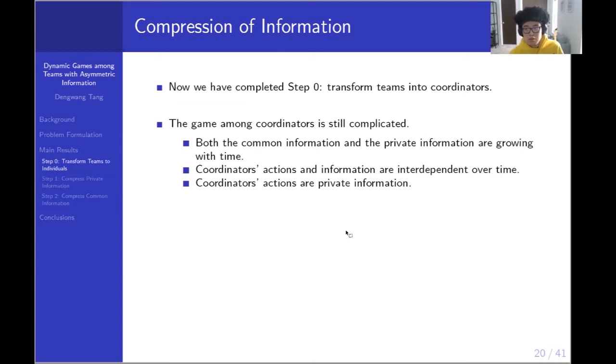Prescriptions are hidden to other coordinators by nature. Because of this reason, that the actions are hidden, and many other reasons, the results of Ouyang, Tavafoghi, and Teneketzis in 2016 do not directly apply to the game of coordinators, even if there are some similarities.